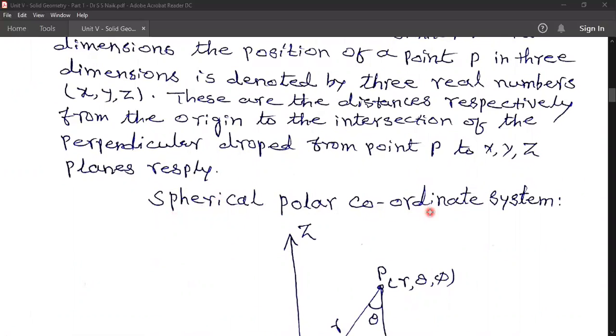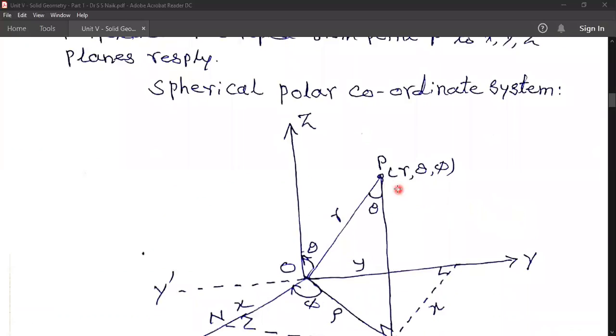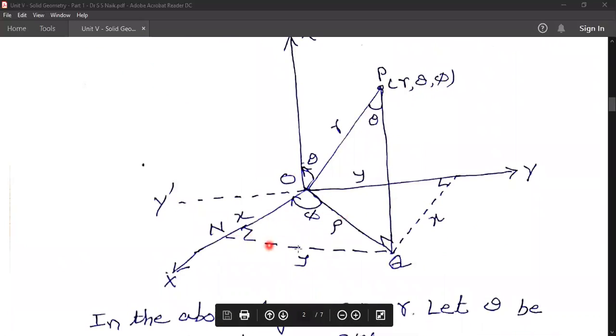spherical polar coordinate system. In the spherical polar coordinate system, this point P has the coordinates r, theta, phi, where r is the distance of the point from the origin, theta is the angle made by OP with the positive z-axis, and phi is the azimuthal angle.